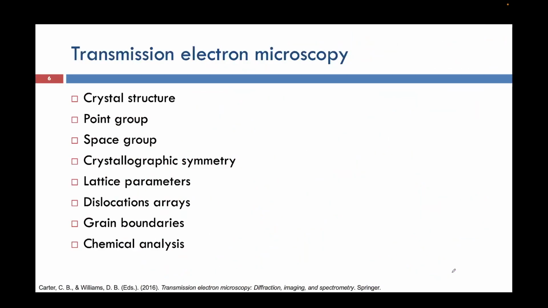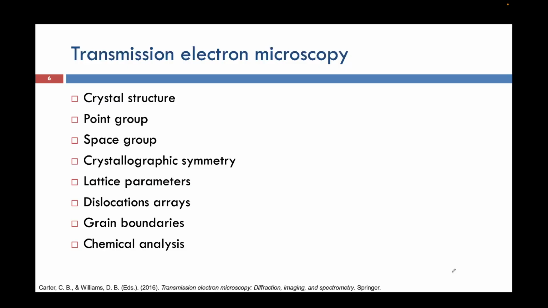Now, what is the point of using transmission electron microscopy? What kind of information might we get from TEM? We will get crystal structure, point group, space group, crystallographic symmetry, and lattice parameter.